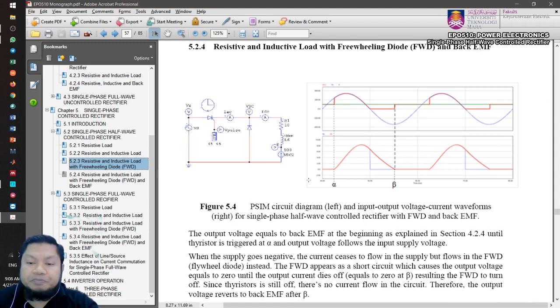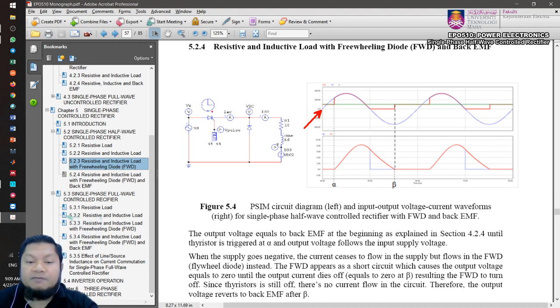Okay, so now to explain the circuit, we always start with the 0 volt of the supply voltage for the positive half cycle. So at the beginning of the operation, look at this point. During this point, the thyristor experiences forward bias because of the positive supply voltage.